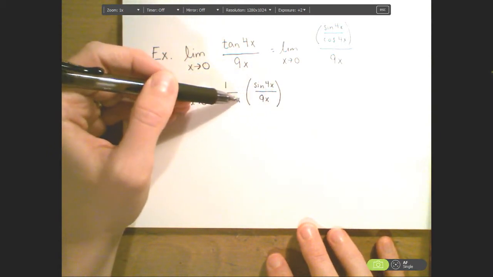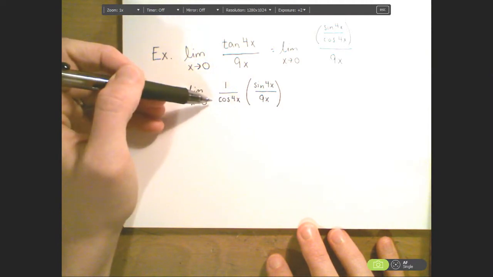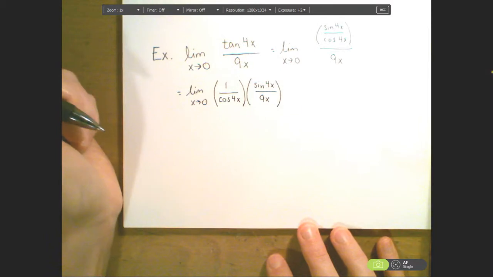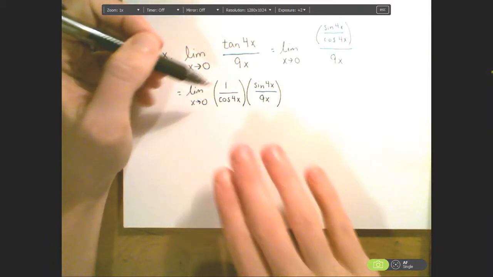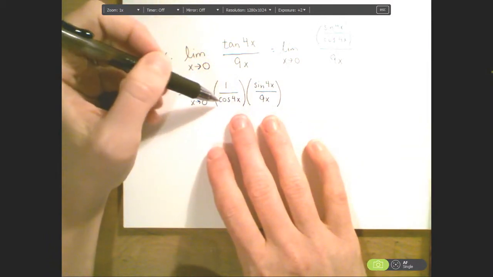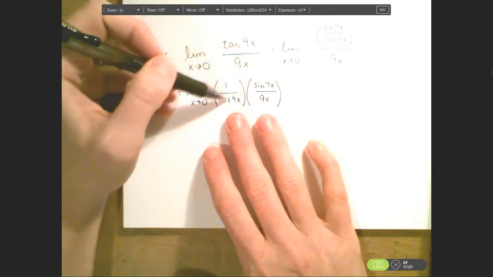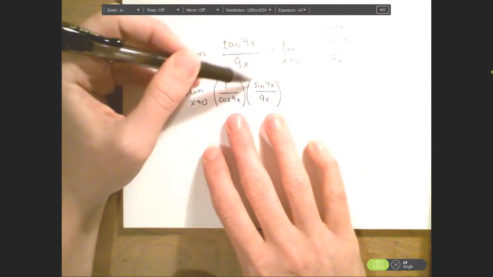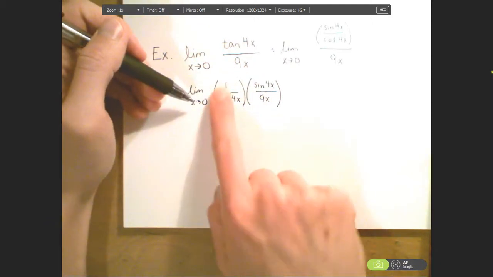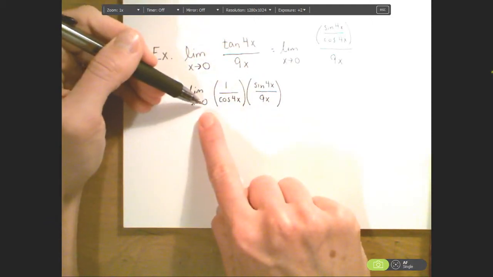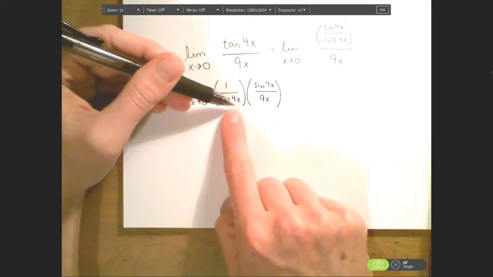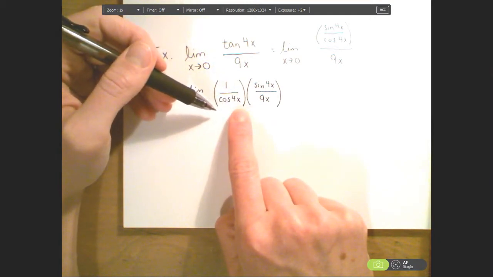1 over cosine of 4x we're going to have to deal with separately, and we can actually think of this as a product. We know that in order to apply the product rule, both of these pieces are going to have to be defined, and we're going to have to do a little work to make this look like what we want it to look like. But notice that this first piece, as x approaches 0, the cosine of 4 times 0 is the cosine of 0, and the cosine of 0 is equal to 1.